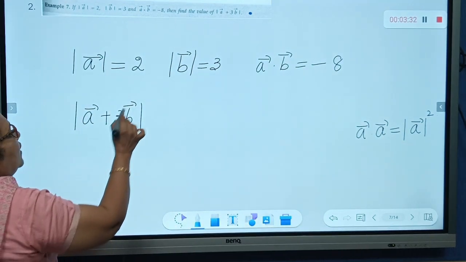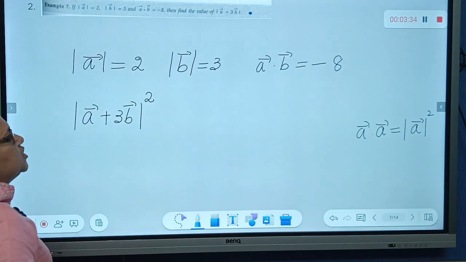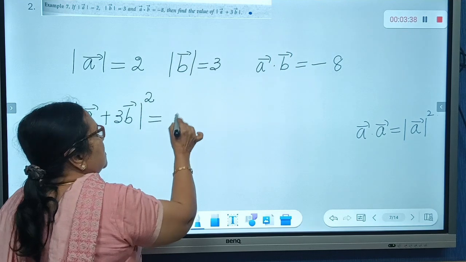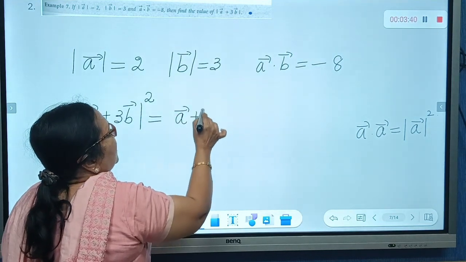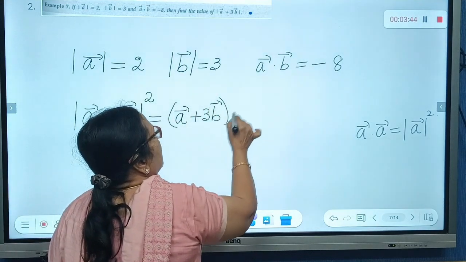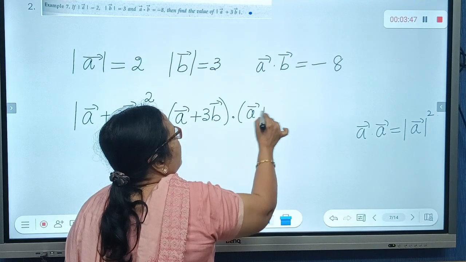So, we are going to use that here. I am going to look at the square of modulus of a vector plus 3b vector. This is equal to (a vector plus 3b vector) dot (a vector plus 3b vector).